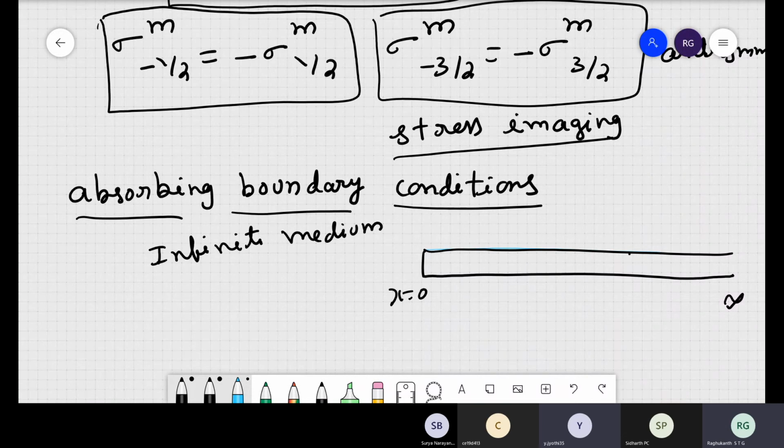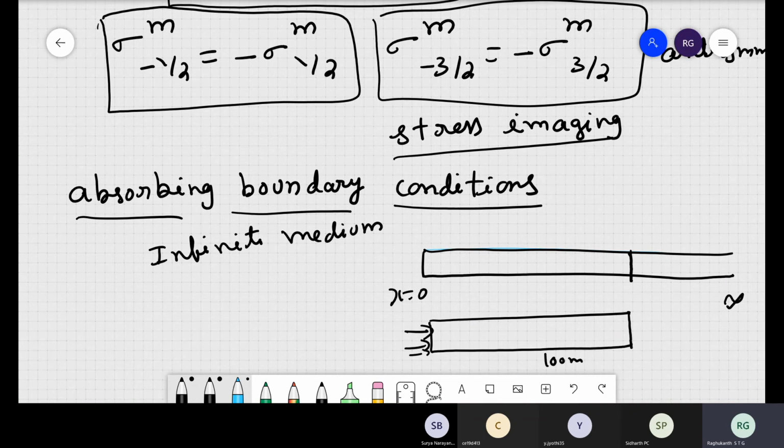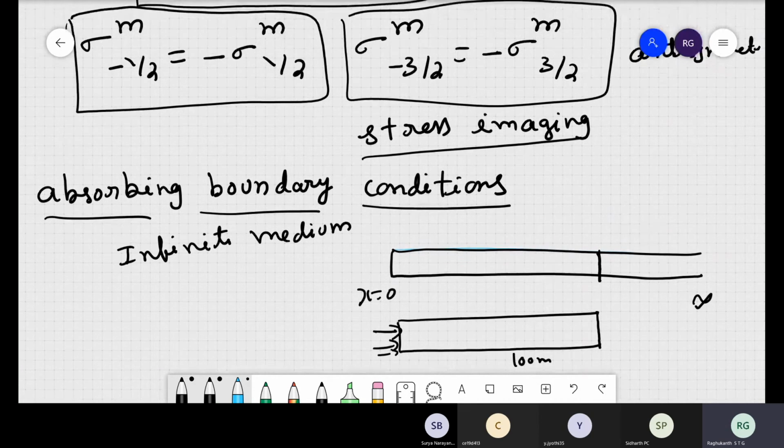So if you approximate up to, let us say, this distance, you are representing the medium like this. Now what happens when you cut it to 100 meters, say, and then model? Let us say the force is applied somewhere here. What happens at this end? What is the boundary condition here at the surface?